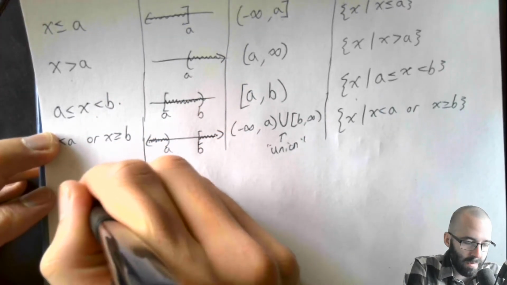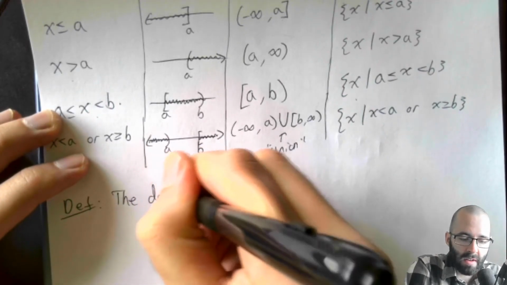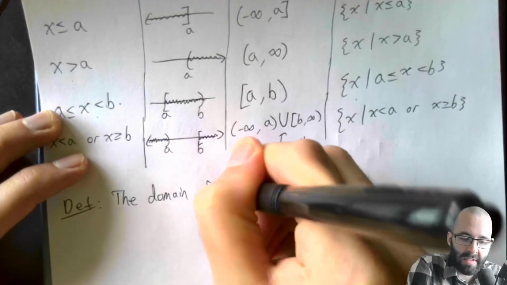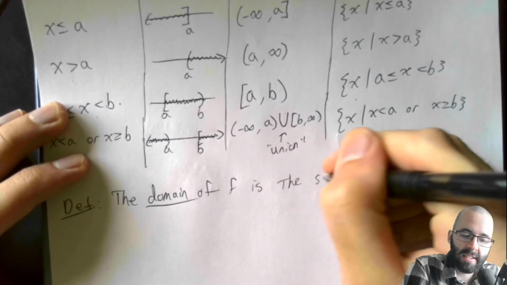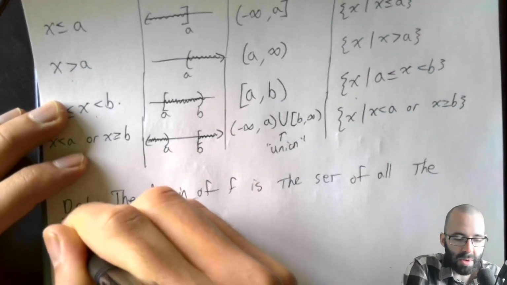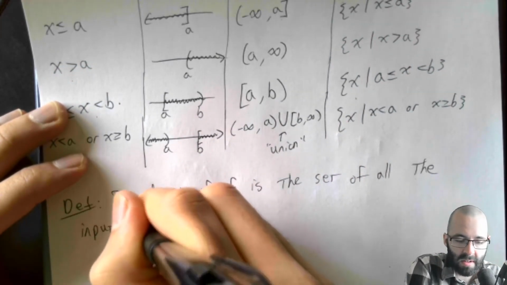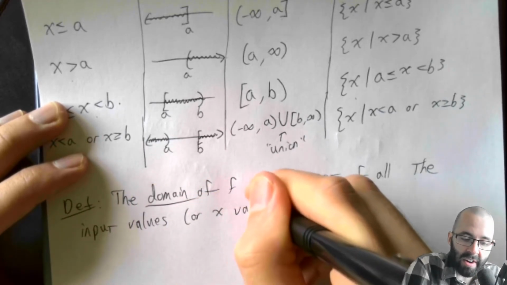Definition. All right, the domain of f, where f is some function, is the set of all the input values. Oftentimes, these are x values.